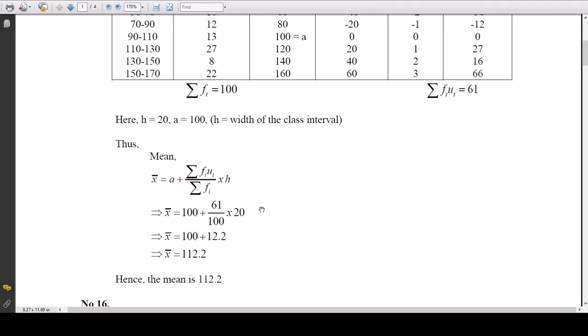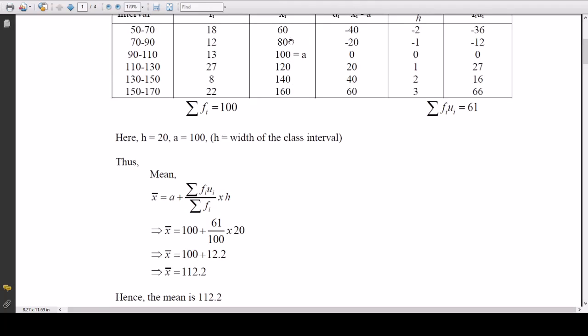Now this assumed mean we have taken to be 100. We just assumed it to be 100, but the actual mean is 112.2. This mean is more or less near to the assumed mean that we have already taken. See here, from 60 to 160, the mean is 112.2.